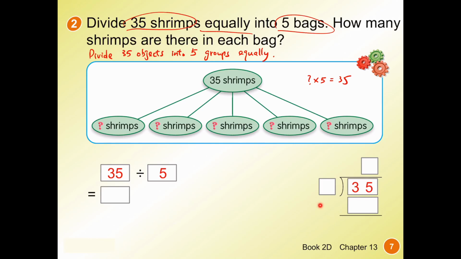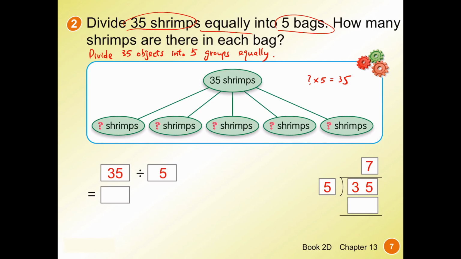We can also put this horizontal form into the column form, and remember the dividend goes inside the division sign, and then the divisor outside of it, and then the answer, the quotient, goes here.